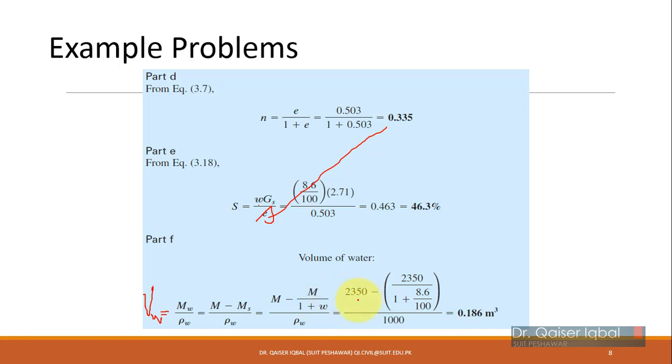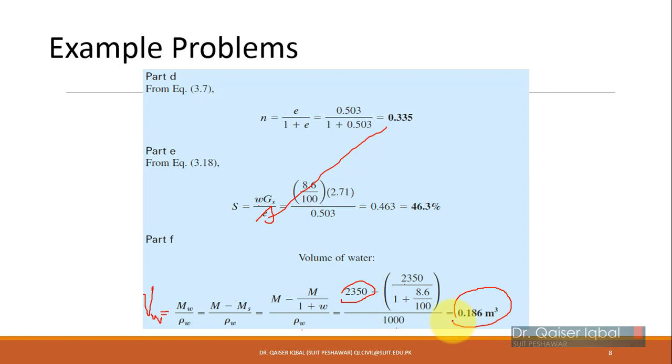The total mass is given to us as 2350 kilograms, divided by 1 plus moisture content, which is 8.6 divided by 100, and the density of water is constant, which is 1000. Just putting the values into this equation, we get 0.186 cubic meter.